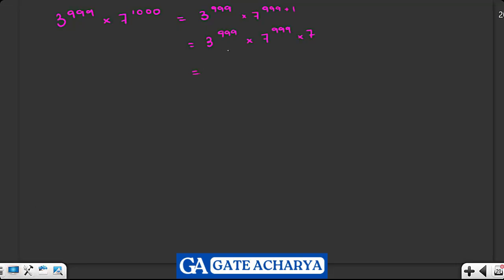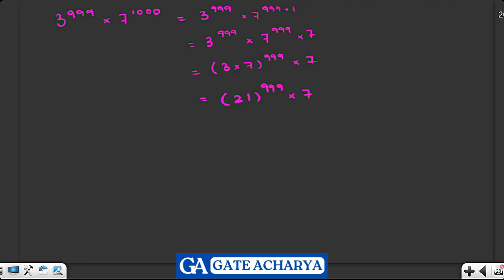Now these two portions can be taken common. This can be written as 3 into 7 raised to 999, into 7. So this works out to be 21 raised to 999 into 7.